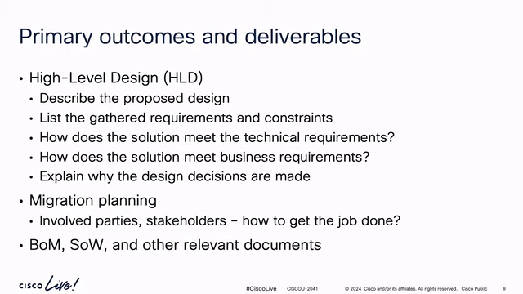And this high-level design contains just a few common things. You will describe all the design that you're proposing. You will gather all the information and say, this is what I've been told, so based on this, I can meet these requirements by doing this and this and this, and then describe the entire solution from point A to point B. And again, explain why the decisions were made, because it makes it easy for the customer to understand why you're doing it the way you're doing it.